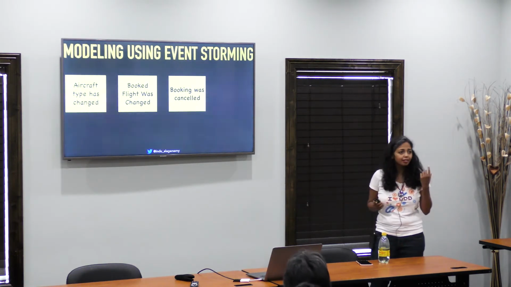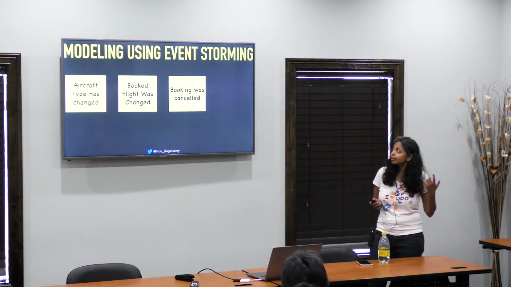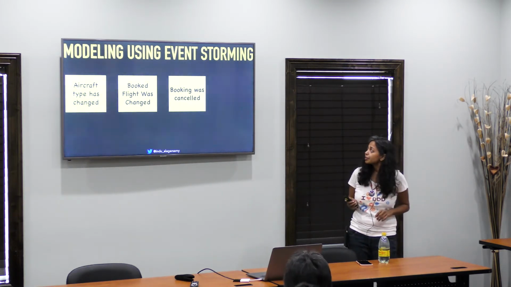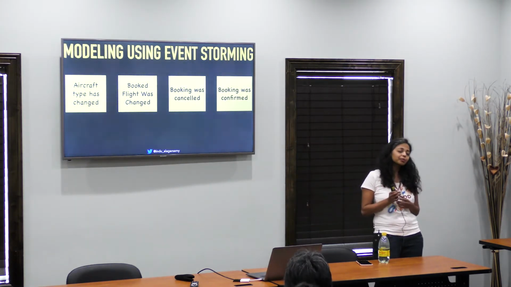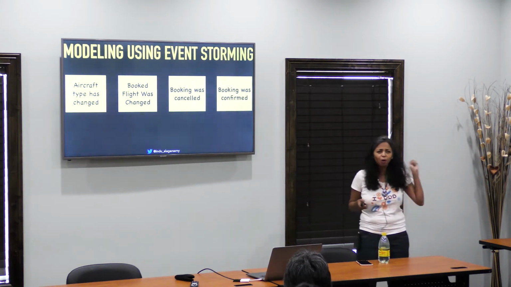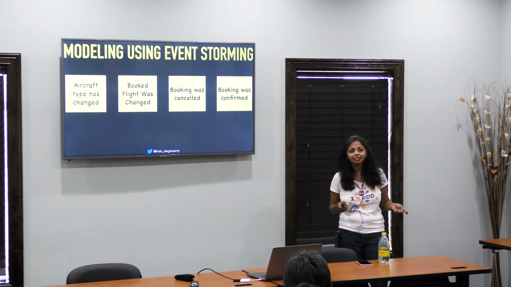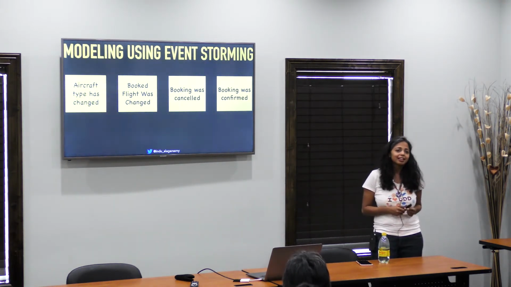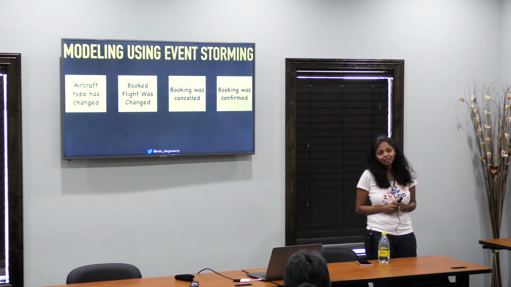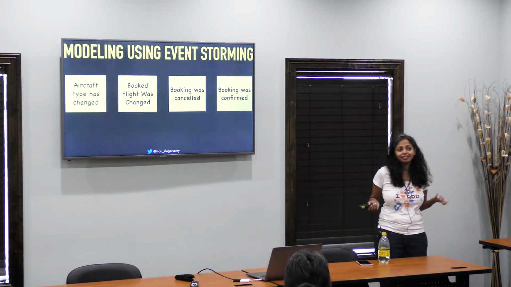So you take a sticky and you start posting on the whiteboard space. Alberto has his own color coding: you have to use an orange sticky for events and blue for commands. Some people are very religious about it. I just use whatever's the most common available sticky, that's the yellow.